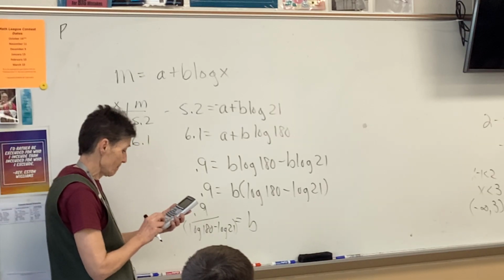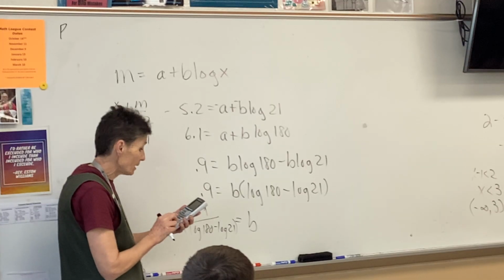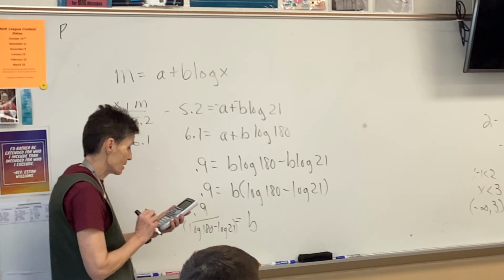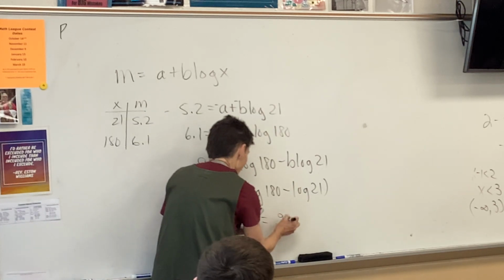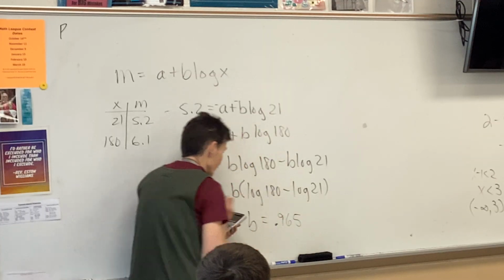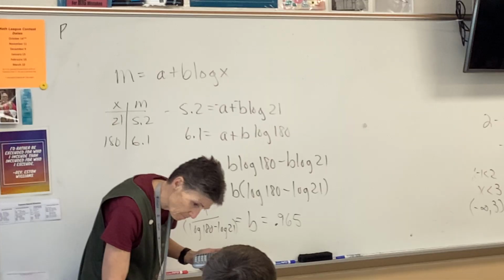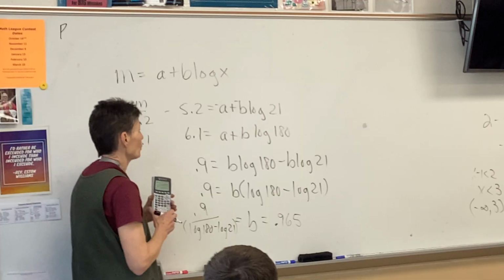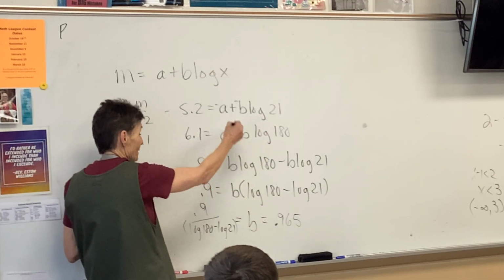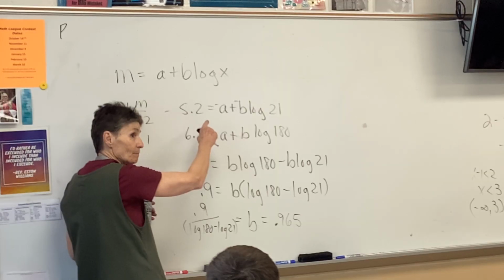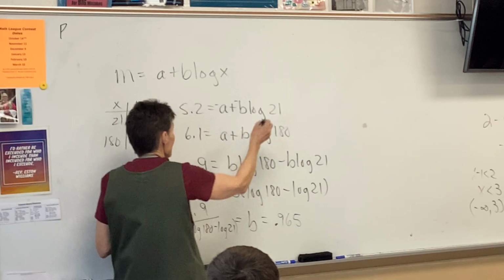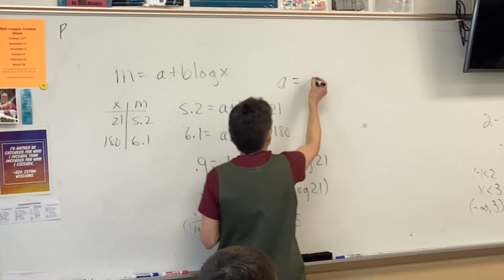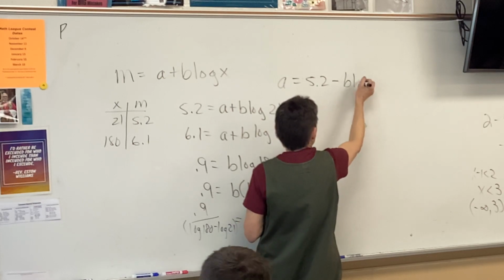0.9 divided by log 180 minus log 21. I got 0.965. Does that match anyone? I have the key. Yeah. So then I'll go back and put that in for my B and solve for my A. So A equals 5.2 minus B log 21.